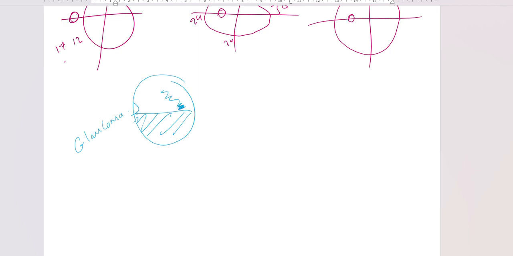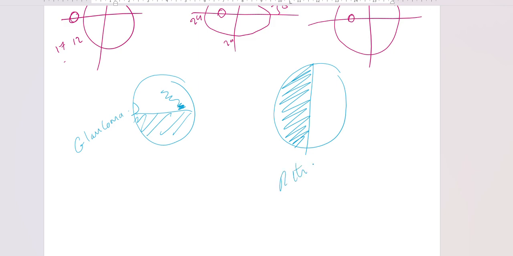While neurological lesions, retrochiasmal lesions, strictly respect the vertical meridian. And we have discussed congruity, how similar the fields are.